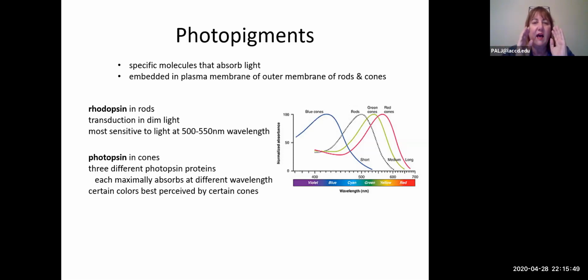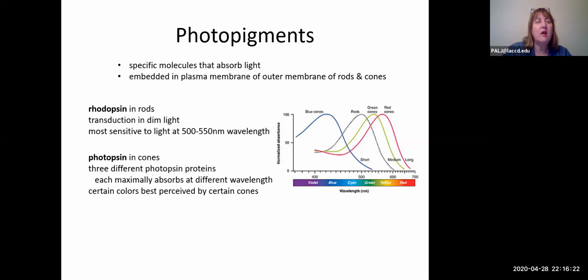So we have a lower wavelength being absorbed by blue cones, slightly higher than the rods by the green cones, and even higher still by the red cones. If you go from the right, which has the highest, to the lowest on the left, that's your ROYGBIV that you learned when you learned the colors of the rainbow: red, orange, yellow, green, blue, indigo, violet.